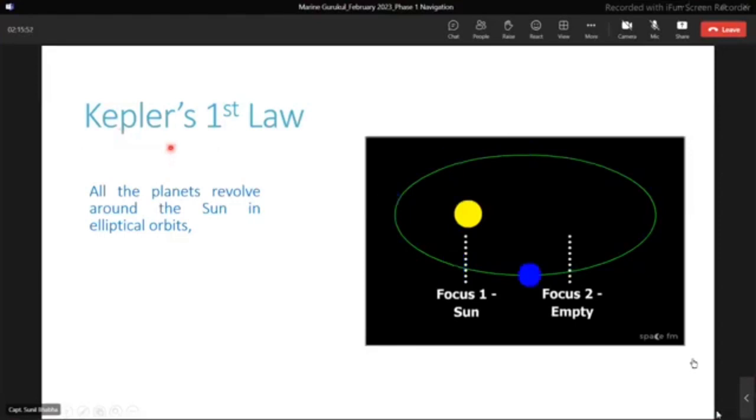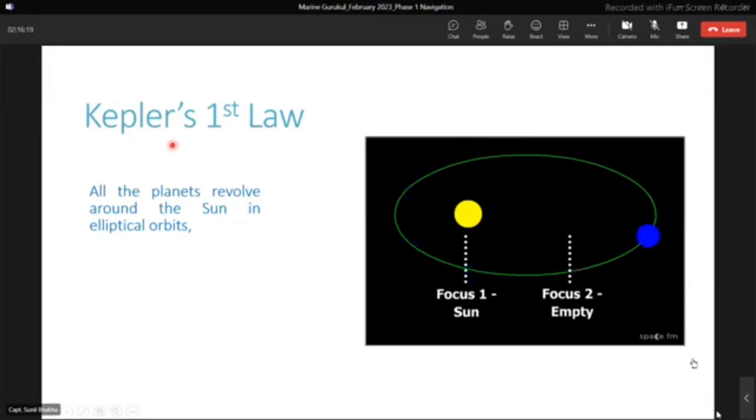Now before Kepler, people used to believe that the orbits of planets are circular. But Kepler, with his observations, proved that these orbits are not circular but elliptical. Though the ellipticity of these orbits is very, very small and they are very close to a circular shape, still they are not exactly circular.